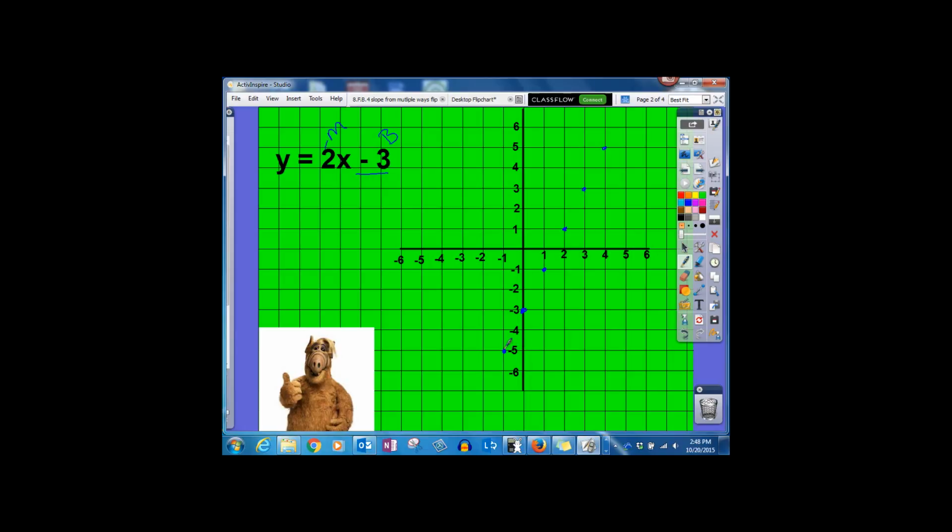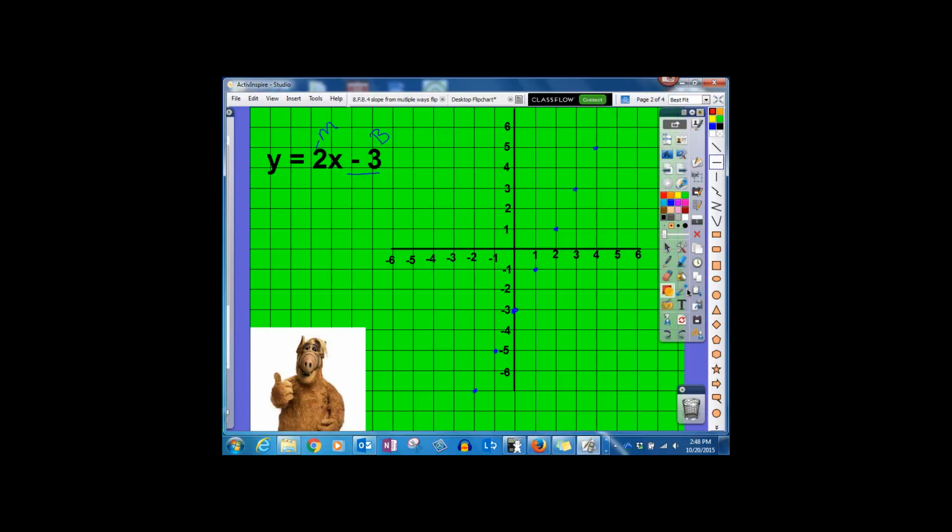So in this case, I'm going to have a positive slope. From there, I have my plotted points, so I connect my points. And I see I have a linear function with a slope of 2 and a y-intercept of negative 3.